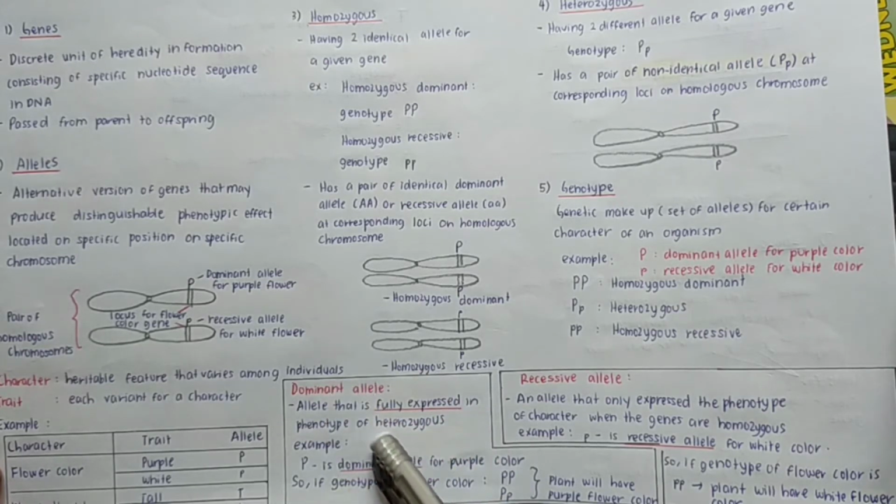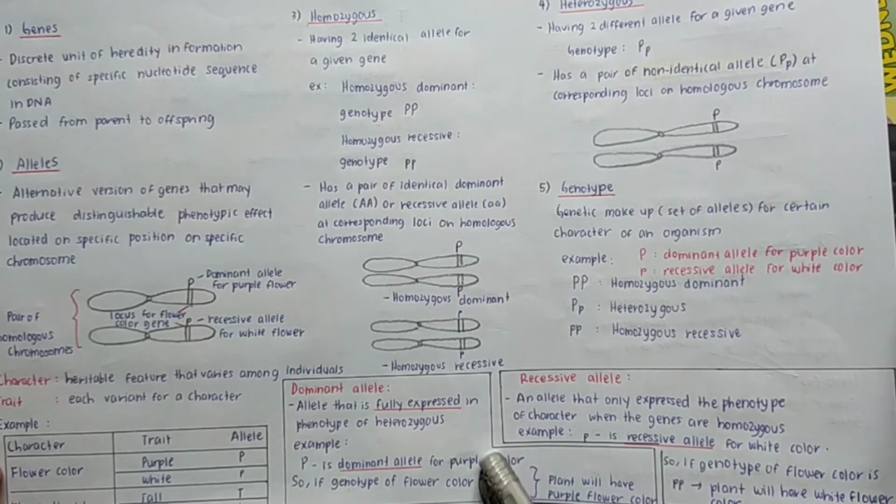For the example, the capital P here, P besar, is the dominant allele for purple color. So if the genotype of flower color is capital P capital P, ataupun P besar P besar, another one adalah P besar P kecil. So P besar P besar ni kita panggil sebagai homozygous dominant, while the other one, P besar P kecil ni adalah heterozygous.